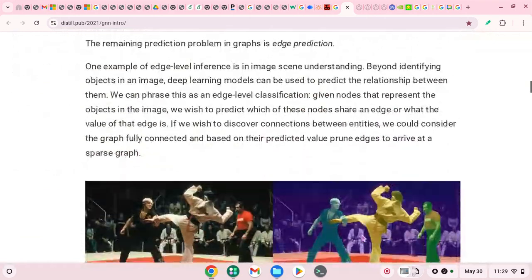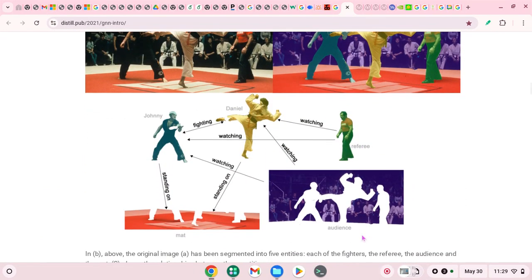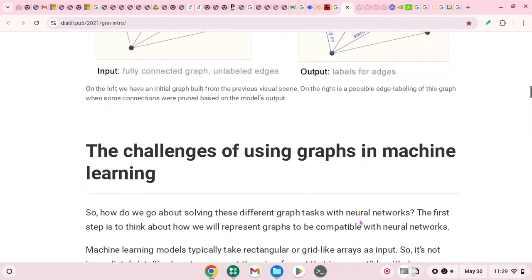Similarly, for an edge level task, what kind of relationship exists between these segmentations, whether the relationship is based on watching, or fighting, or only standing nearby. So these are some of the classification tasks at the edge level.